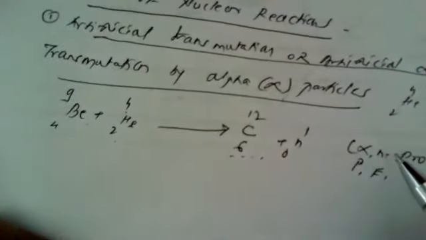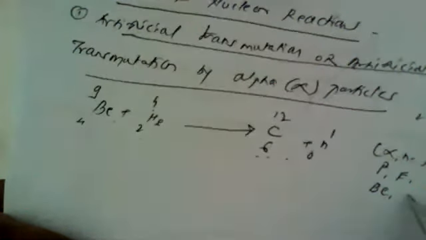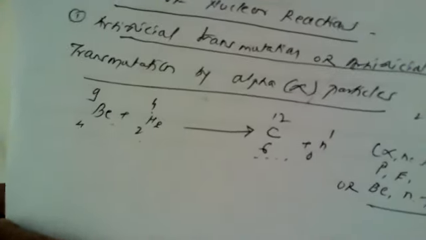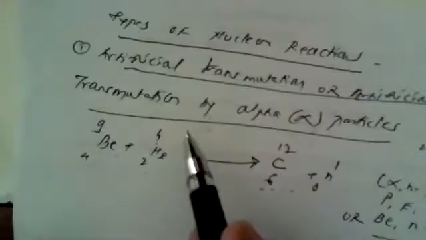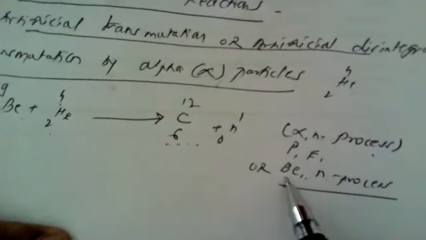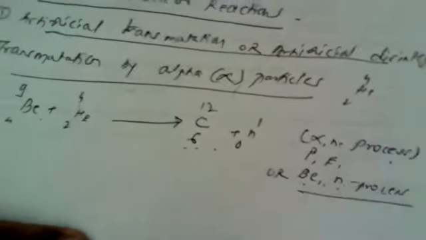Or the same reaction can also be written as the beryllium-n process. Why is it beryllium-n process? Because only alpha particles are used, so it is not necessary to write alpha here. If we write only the target nucleus and the particles ejected, then it is very easy to carry out this reaction.